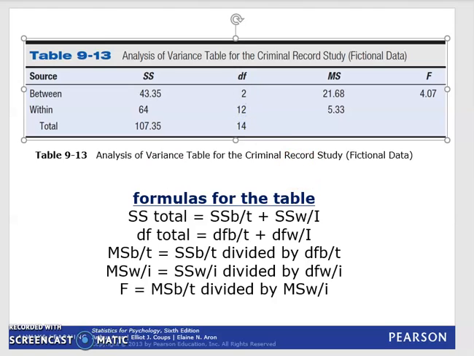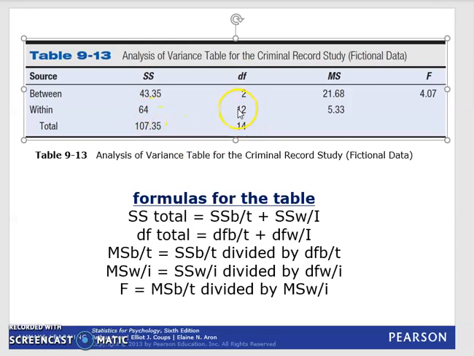When I'm calculating it, you're going to see my MS is another word for variance. So variance between is going to be my MS between divided by my degrees of freedom. So 45.35 divided by 2 is 21.68. My variance within, which we call MS within, is my sum of squares within divided by my degrees of freedom.